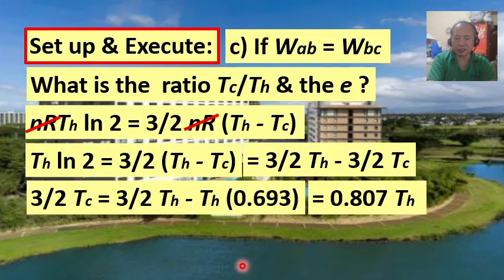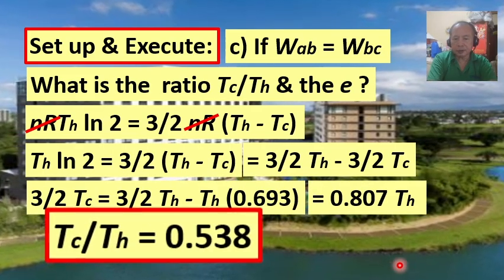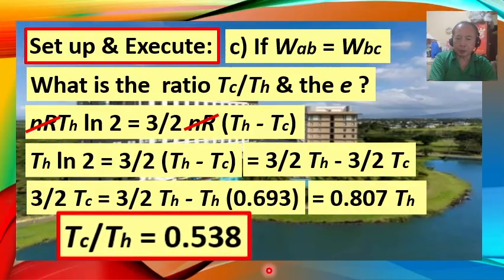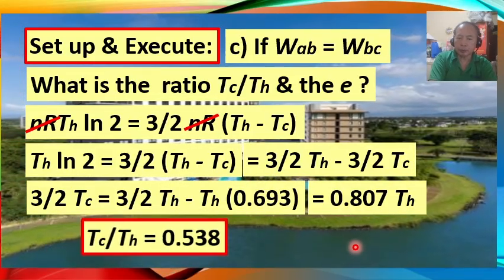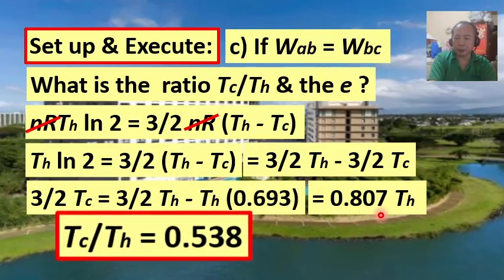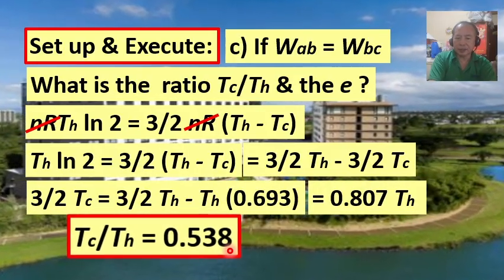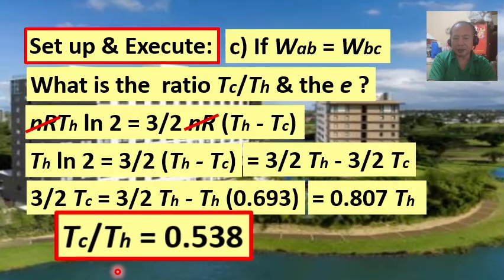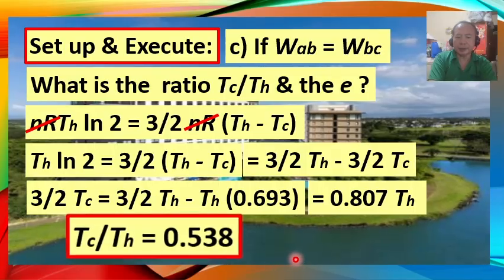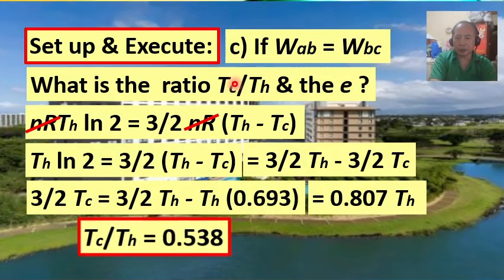And finally, getting the ratio Tc over Th, we'll have 2 multiplied to 0.807 and then divided by 3. And the final answer is Tc over Th equals 0.538. This is one of our answers to question letter C.